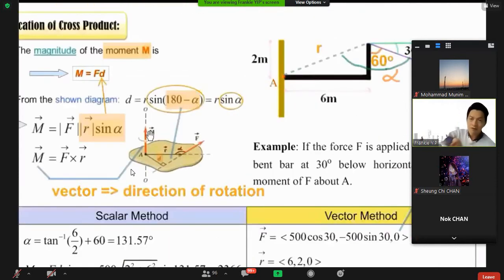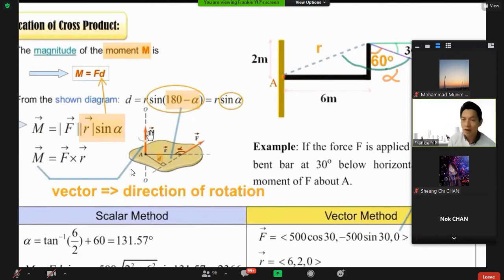F is here, it's difficult to perform. F is here and then R is here. Got it? F cross R. So it's pointing downward. Got it? F cross R.